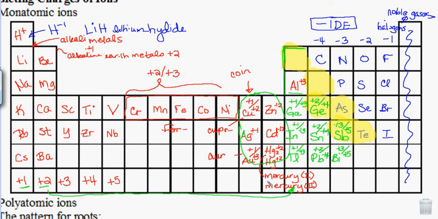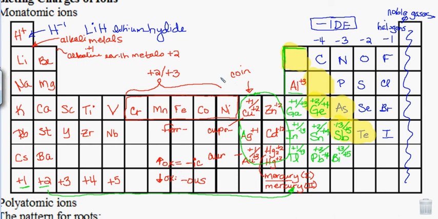Mercury has the prefix Mercure. And notice what's going to happen is, again, whatever is the higher oxidation, you're going to end up calling that a suffix of "ic." A lower oxidation would be a suffix of "us."